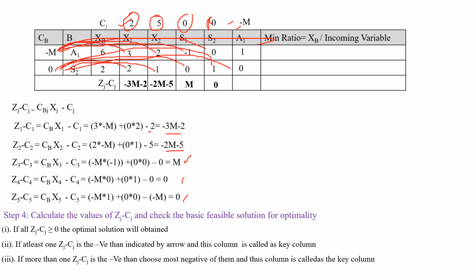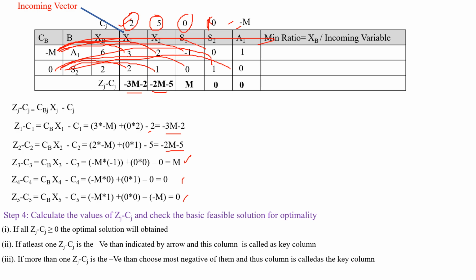So here the Zj minus Cj values are minus 3M minus 2, minus 2M minus 5, M, 0 and 0. Then observe the conditions in step 4. So here more than one Zj minus Cj value is negative, that is minus 3M minus 2 and minus 2M minus 5.